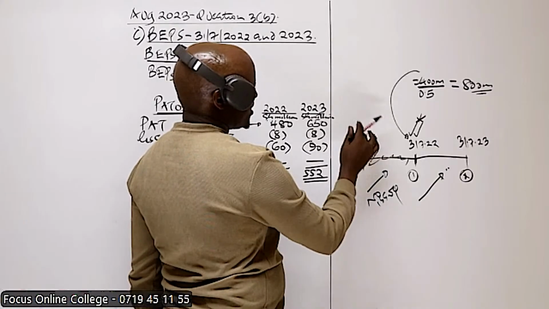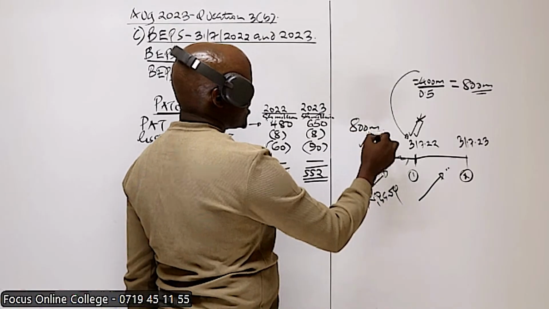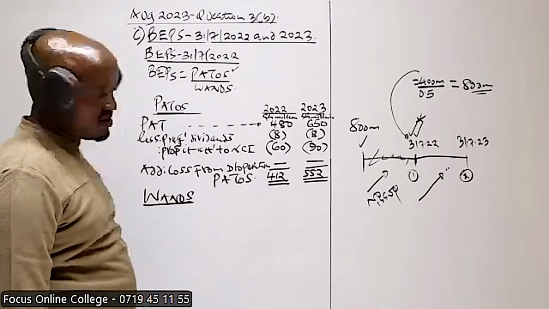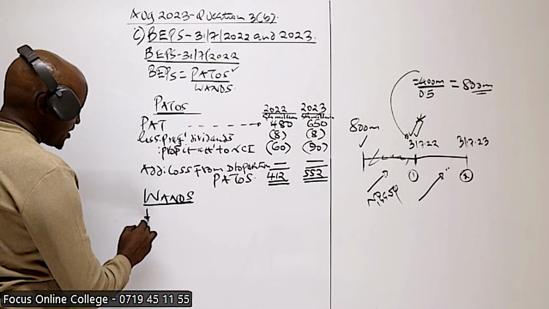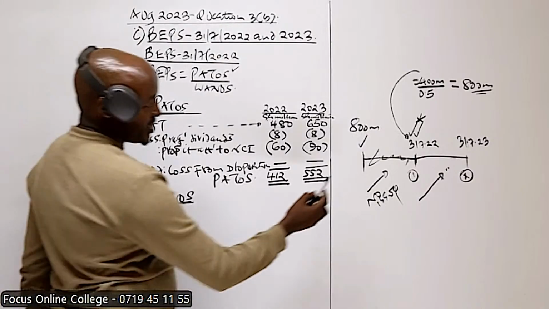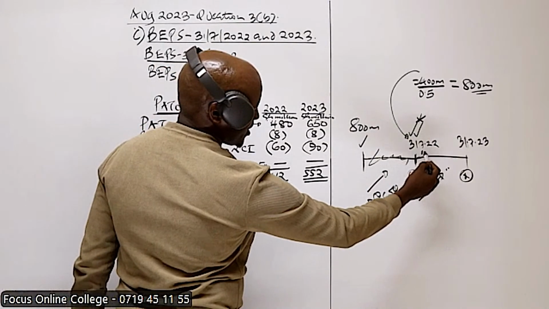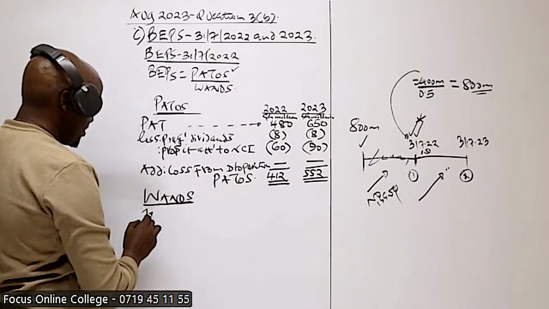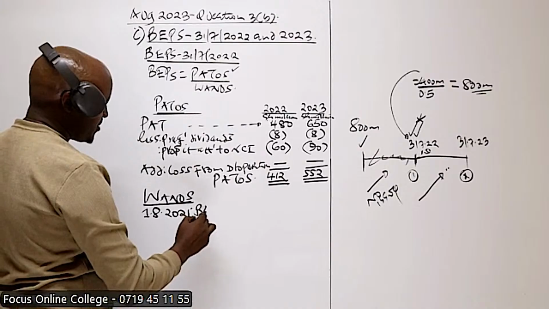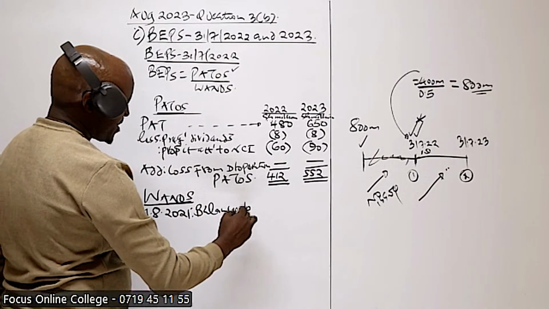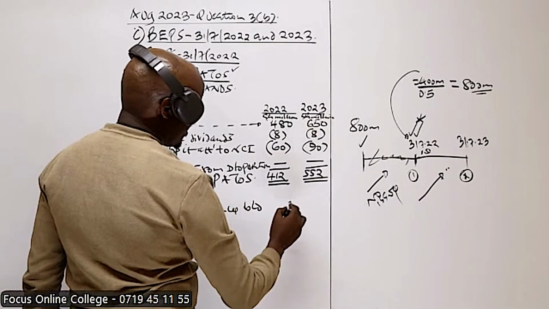It also means the shares issued at the start were 800 million. This year started 1st August 2021, and the shares issued, the balance brought down, were 800 million.